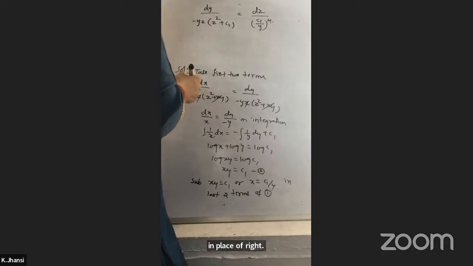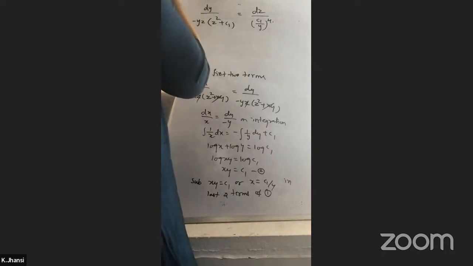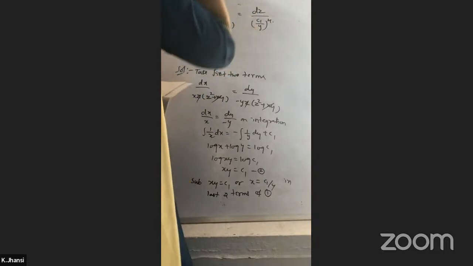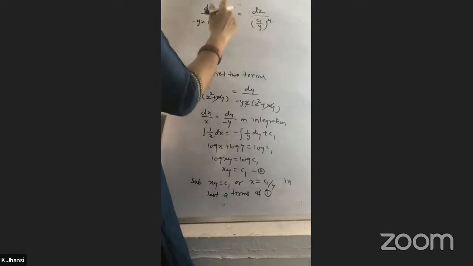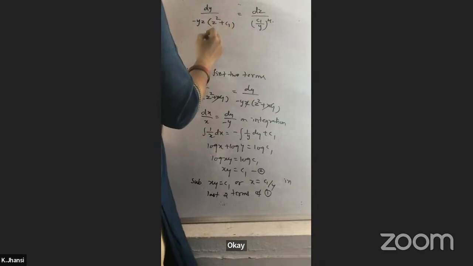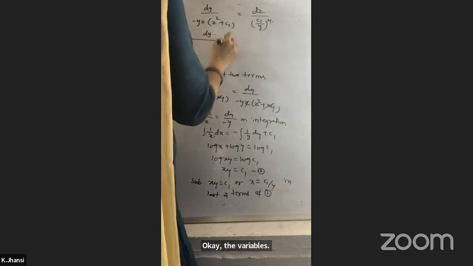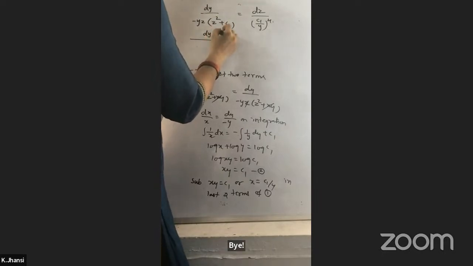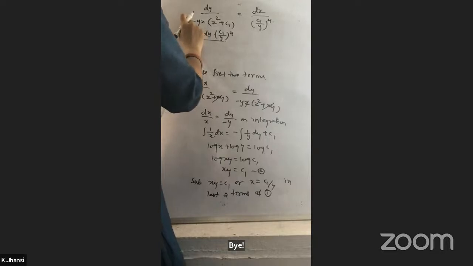Now, if we do the simplification, what will you get? This y term is there. You take this side, that is separating the variables. So dy by, into this one, that is c1 by y to the power of 4. Here minus y is there.